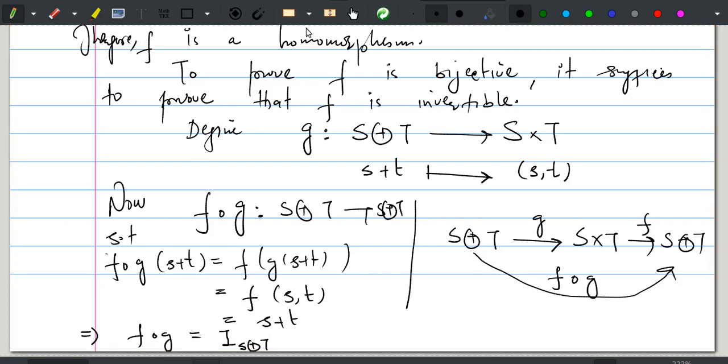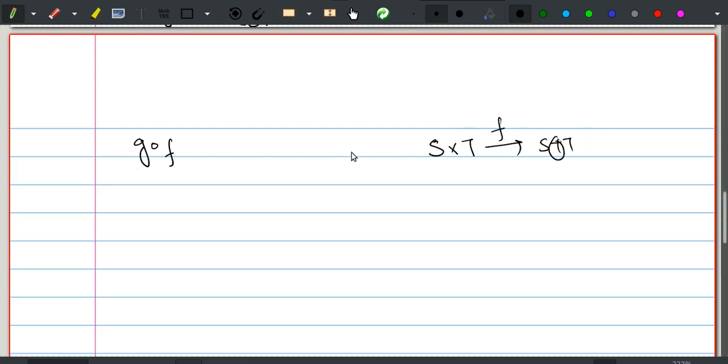Similarly, we can show that G of F. Note that F is a function from S cross T to S direct sum T, and G is a function from the direct sum of S and T to their Cartesian product.